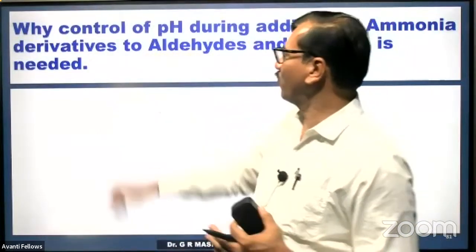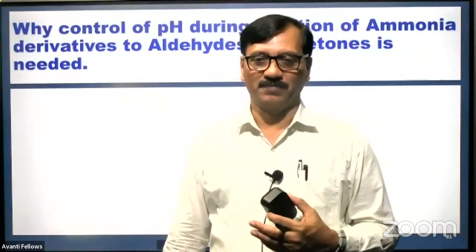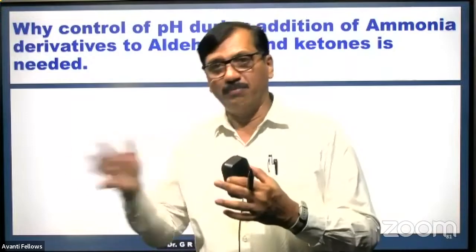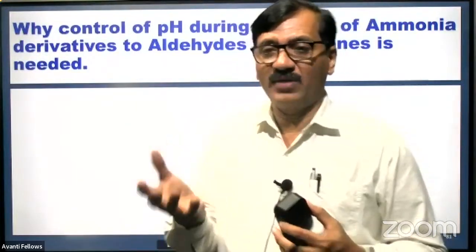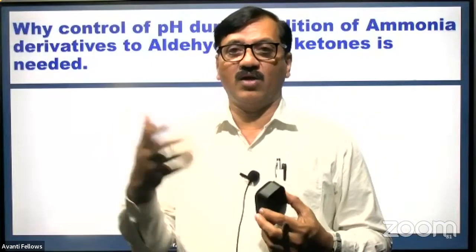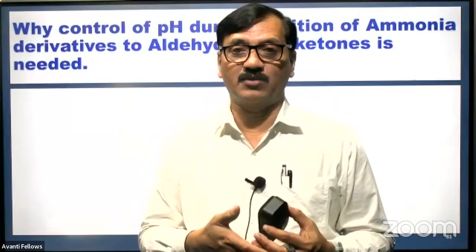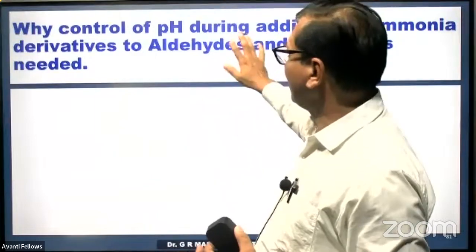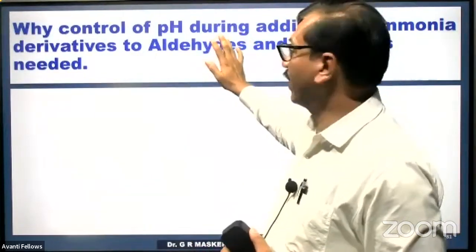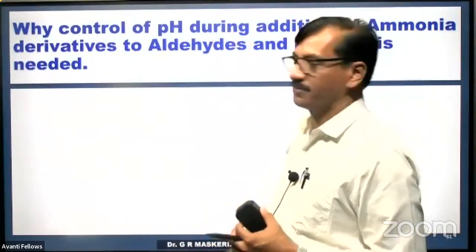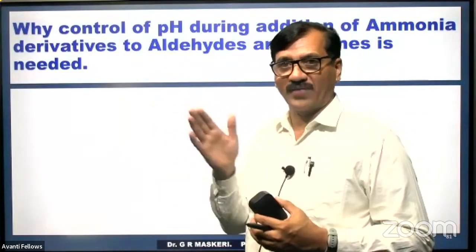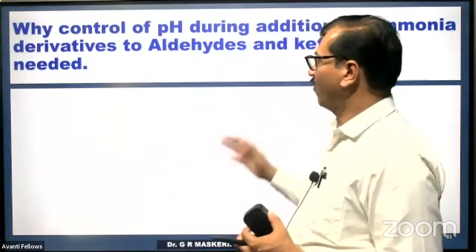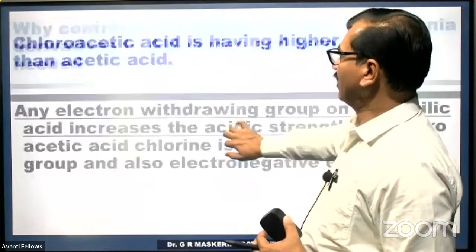They won't go on to react with the aldehyde or ketone. If it is a basic medium, then the protonation won't take place, and therefore this nucleophilic addition won't take place. Therefore this is to be done at pH 4 to 7. That is the ideal pH for this kind of reaction.